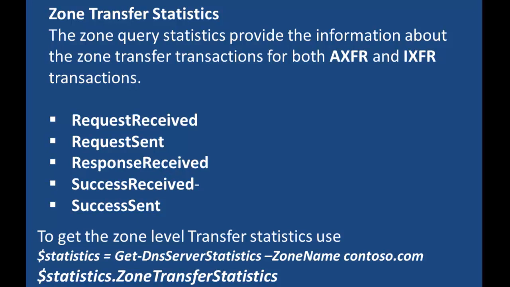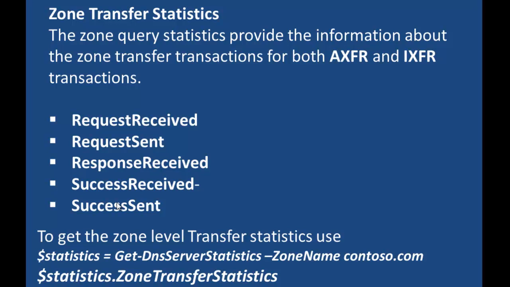Success received, that would be the total number of zone transfers received by the DNS server service when operating as a secondary server for a specific zone. And the last one here, we have success sent. That would be the total number of zone transfers successfully sent by the DNS server service when operating as a master server for a specific zone.